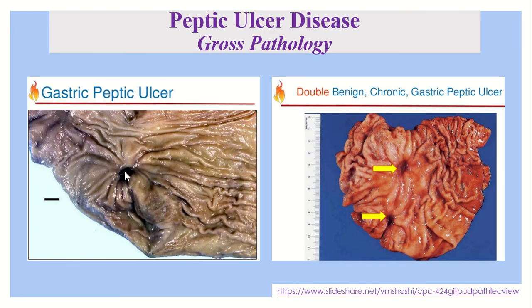This is the gross view of gastric peptic ulcers. As you see here, this is a dark black color due to the formation of hemosiderin by the action of hydrochloric acid on the erythrocytes that extravasated from the blood vessels here. And here you see double ulcers on the stomach.